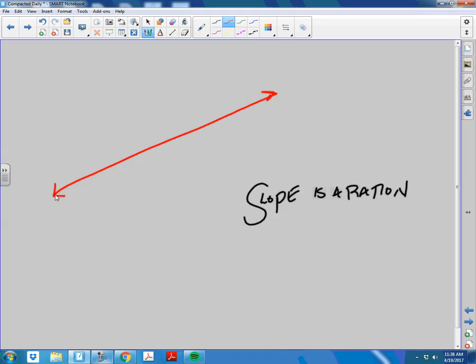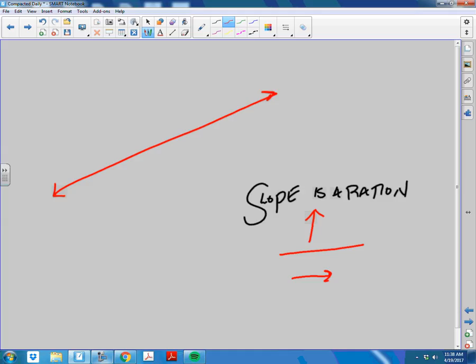Okay. So, slope is a ratio. So what you really end up having to do is measure two things to find the slope. You have to measure how fast a line is going up, and you have to put that over how fast a line is going over.